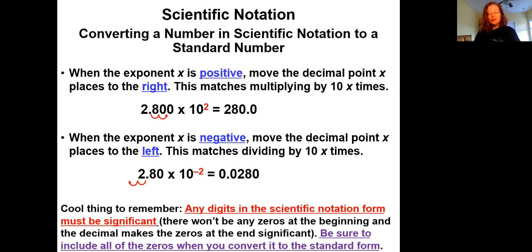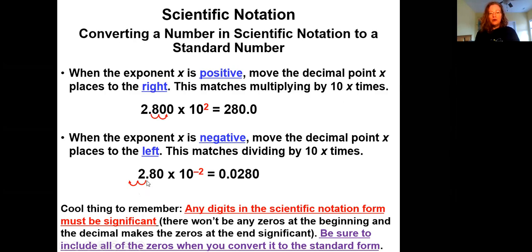Now my decimal will be left, and we still have a 0 at the end of the number. Both of these zeros at the end were significant because there was a decimal. My final answer, therefore, will include both of those zeros. Every number in scientific notation is significant and needs to be included in the final answer.